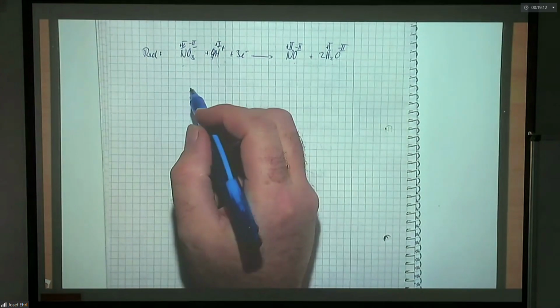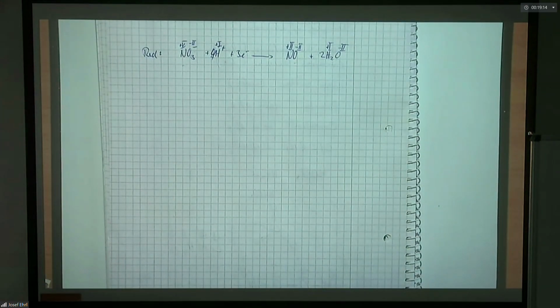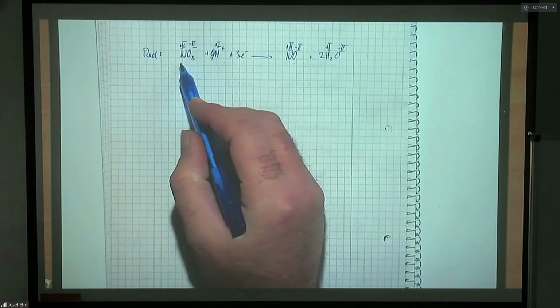What is here now the oxidizing agent? What is getting reduced? The oxidizing agent is getting reduced. Nitrogen is getting reduced, but we cannot pick out nitrogen alone in this ion.